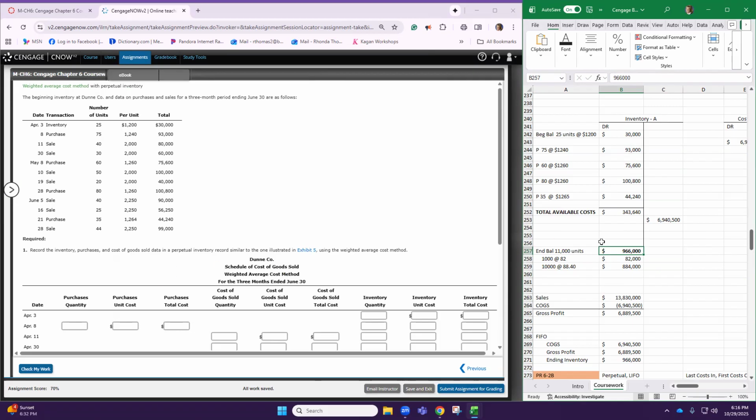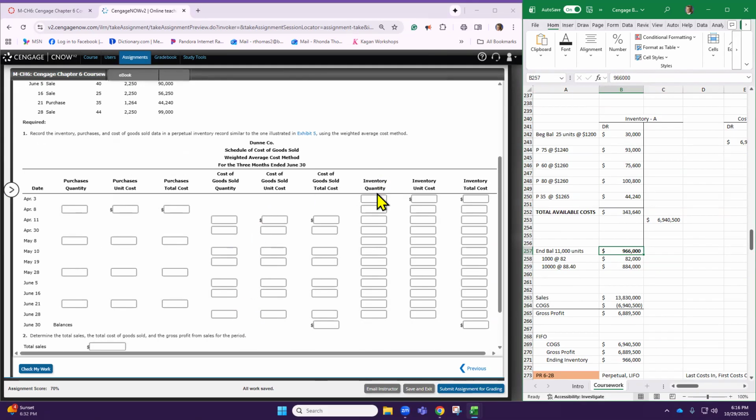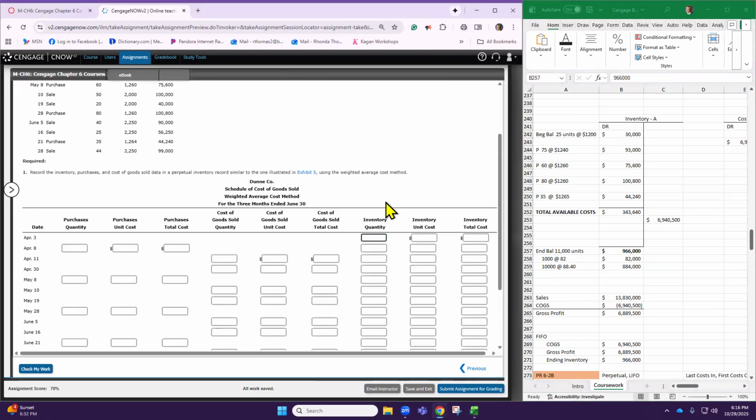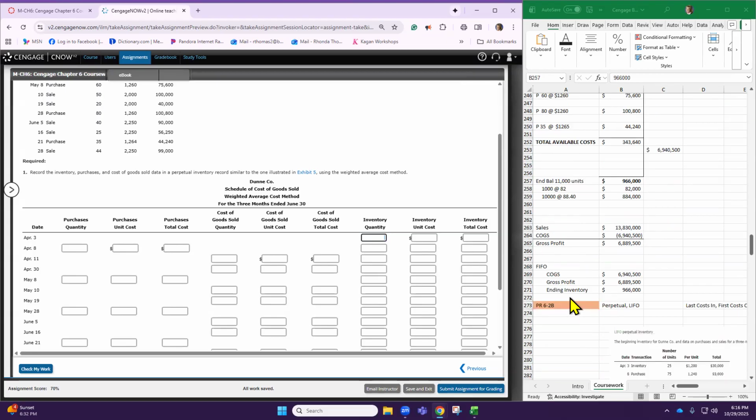so then we'll come back to this. Okay, we'll come back to this because we're going to go through this on perpetual. So let's get started. And this is weighted average. All right, weighted average. And just ignore, I'll go back and fix this stuff as we go.